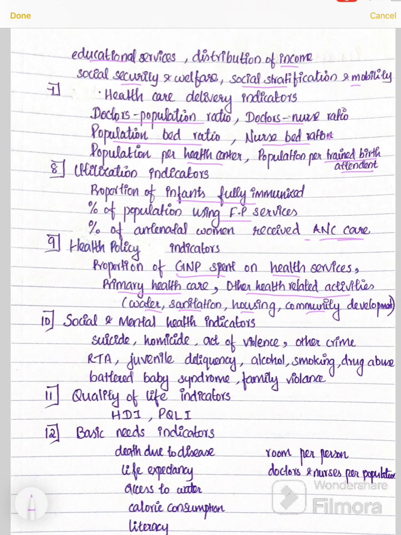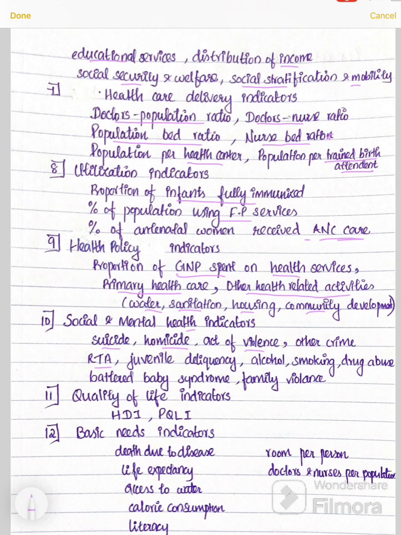Now social and mental health indicators: suicide rate, homicide rate, acts of violence and other crime rates, how much RTA, juvenile delinquency, alcohol, smoking, drug abuse, battered baby syndrome, family violence, etc.